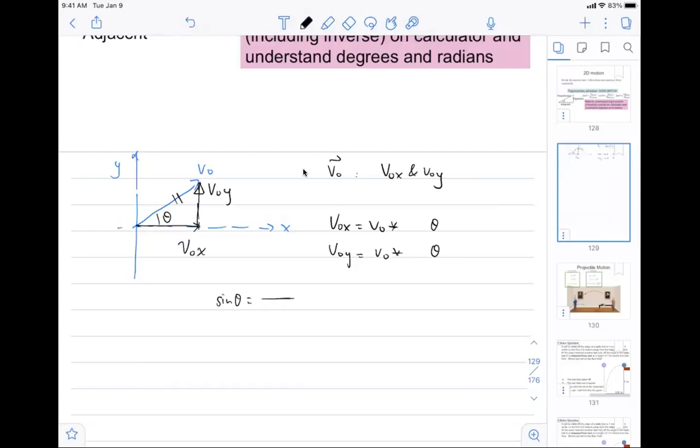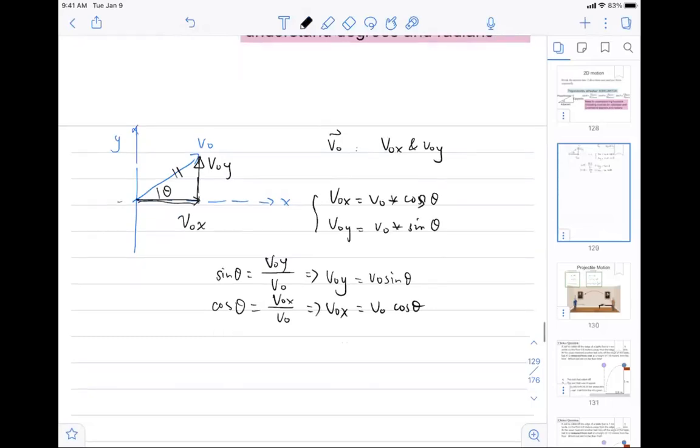Sine theta is the opposite over hypotenuse, which means v naught y is v naught times sine theta. Cosine theta is the adjacent, which is v naught x over v naught hypotenuse, which means v naught x is v naught times cosine theta. Okay, so that is good.